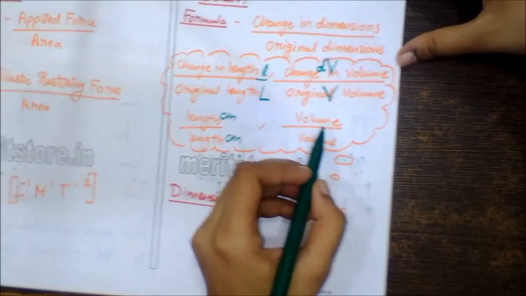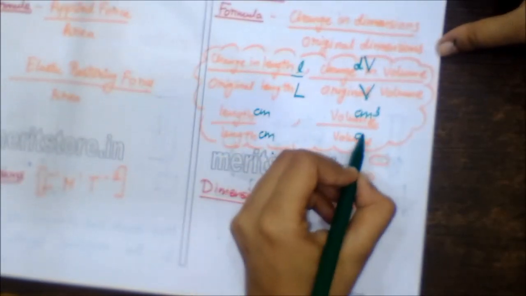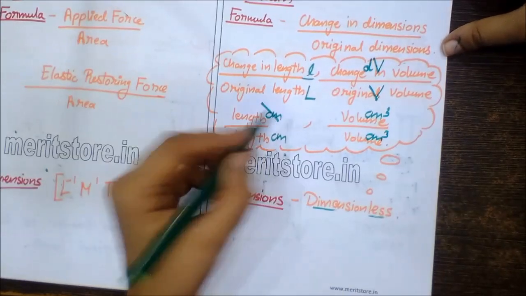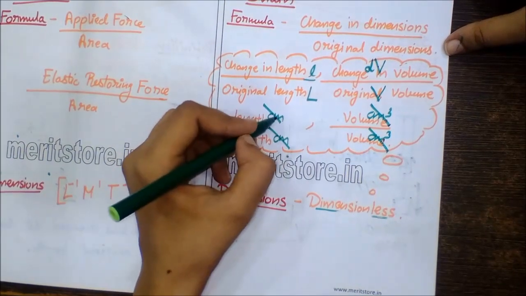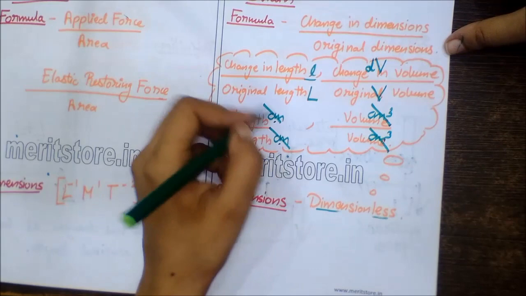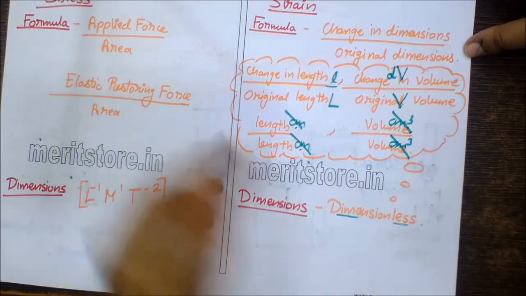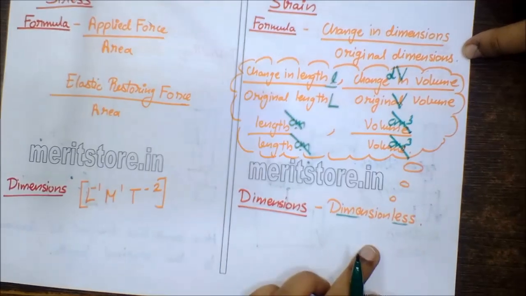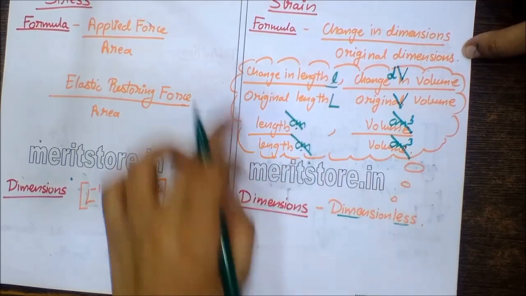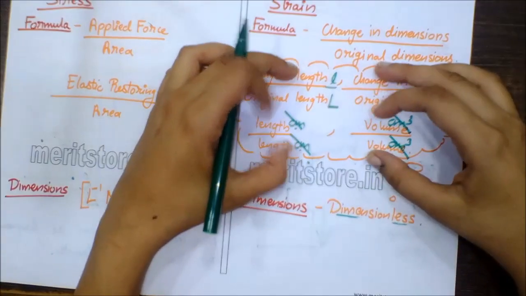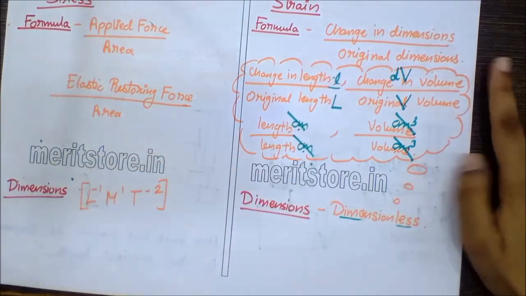If we assume that the volume is centimeter cube, then even over here my volume will be centimeter cube. So this will cancel out this. If my numerator and denominator are cancelling out each other, then there will be no dimensions left, and hence it is a dimensionless quantity. So when I say my strain is a dimensionless quantity, you first have to think why it is dimensionless, because the same units are being divided and then they will cancel out each other.